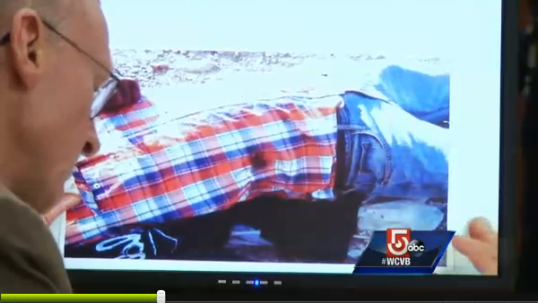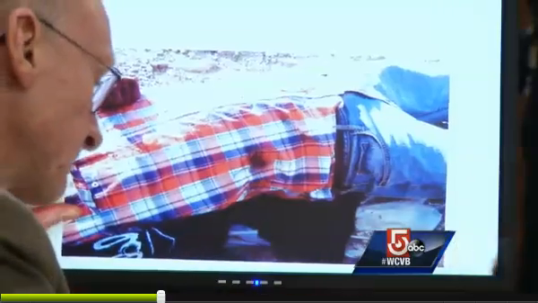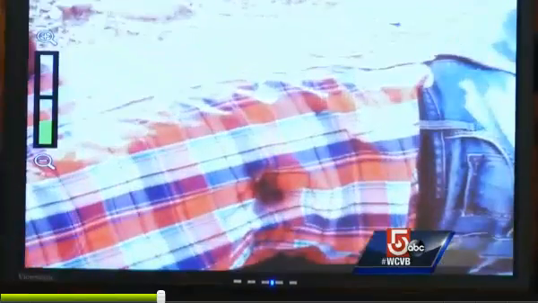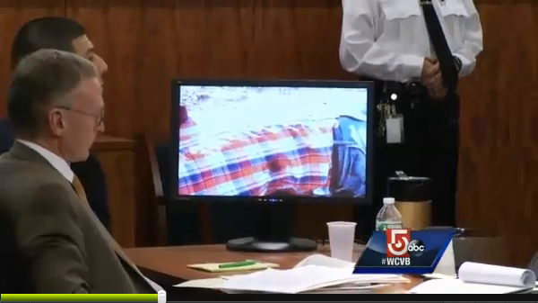And was there some blood visible on his clothing around that area? Yes. And what was the condition of his clothing? As you can see, it has blood stains on it. It doesn't appear to be ripped or torn or anything like that. Was there any damage to the fabric? Yes, there was some kind of penetration.